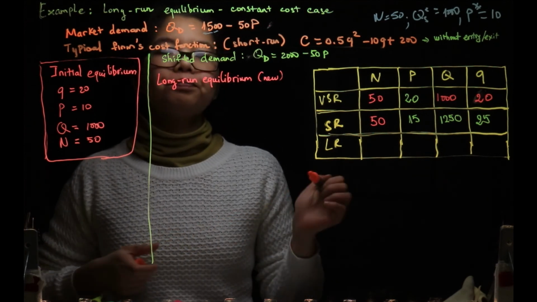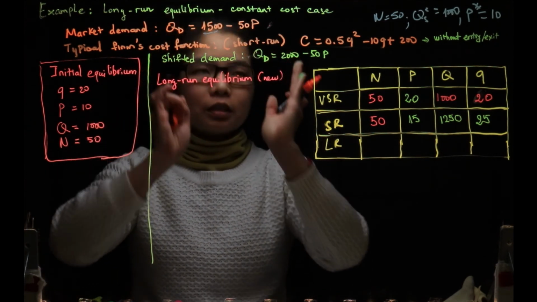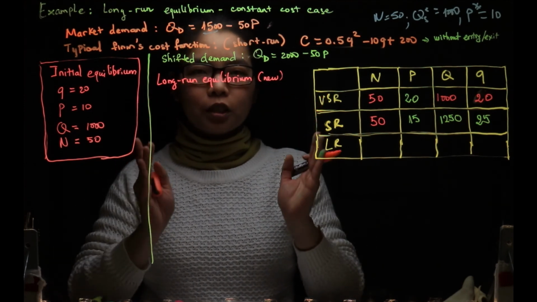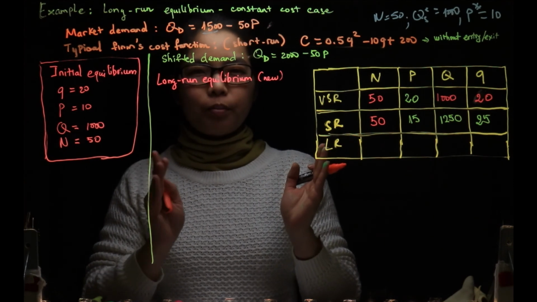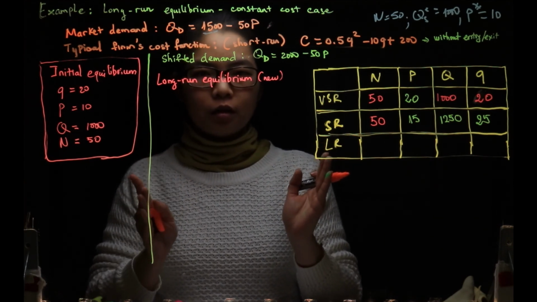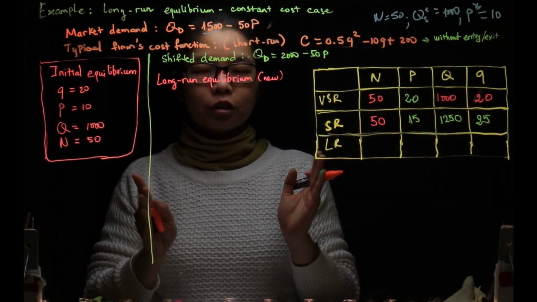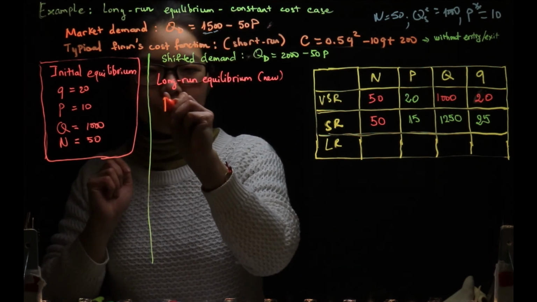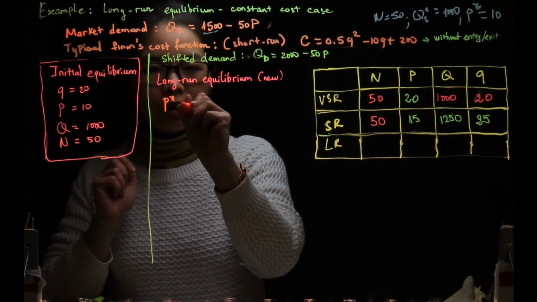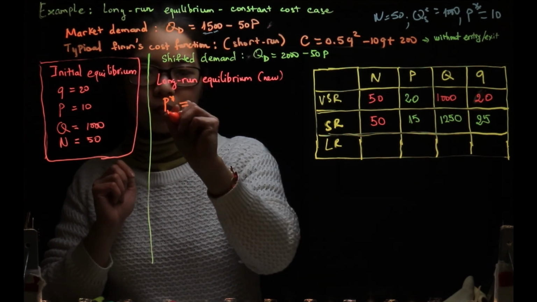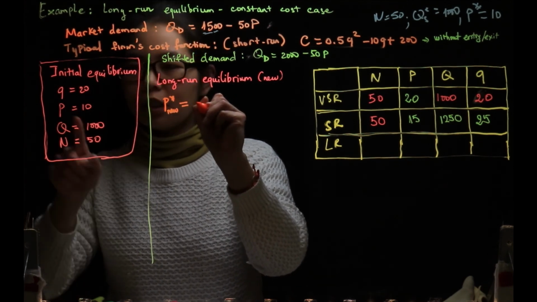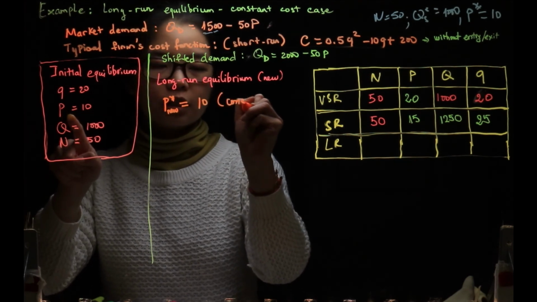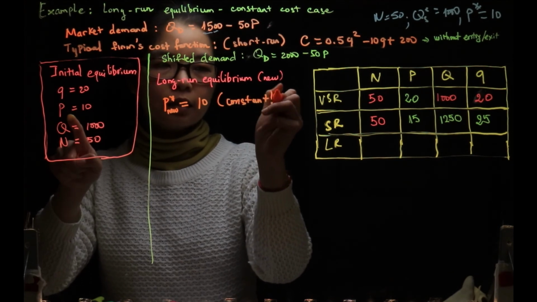So for the long run, because this is a constant cost case, you remember after adjusting to the new long run equilibrium, what remains the same for the constant cost case? P. So P star stays the same, which is here, constant, right?